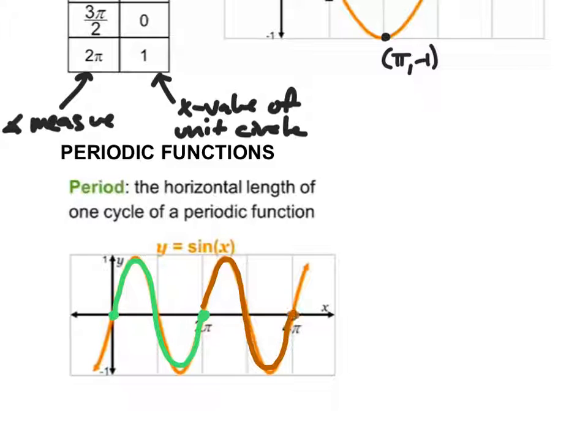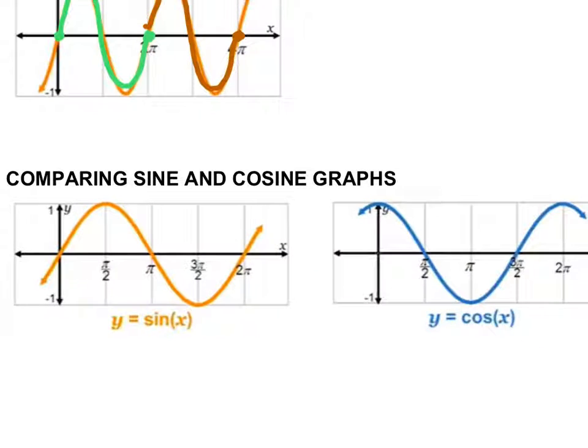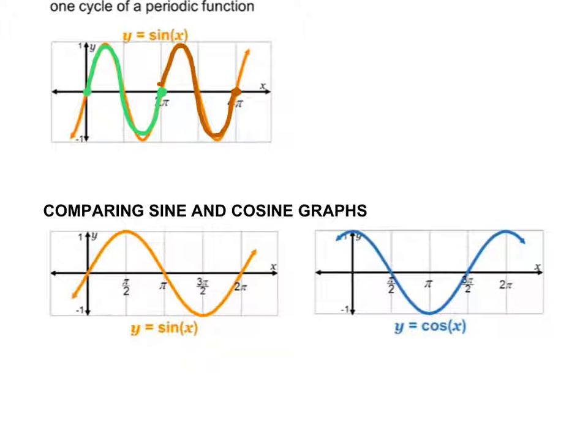It's going to occur more than one time. So a period is one cycle of the periodic function, and a periodic function repeats. And that's the case for sine and cosine.